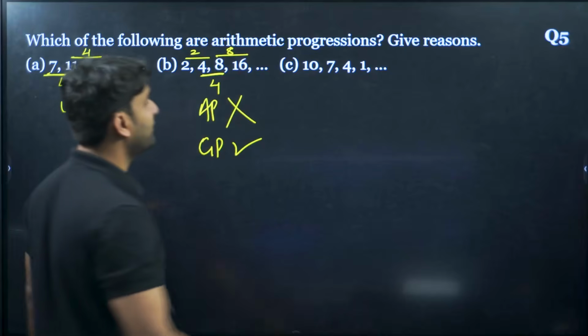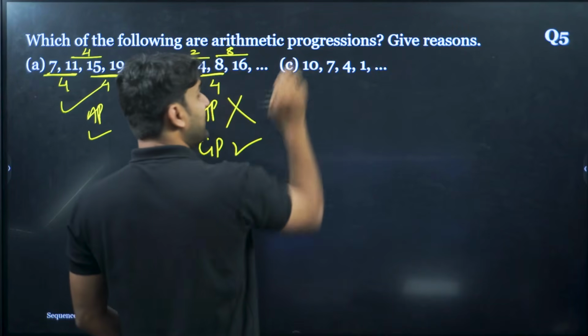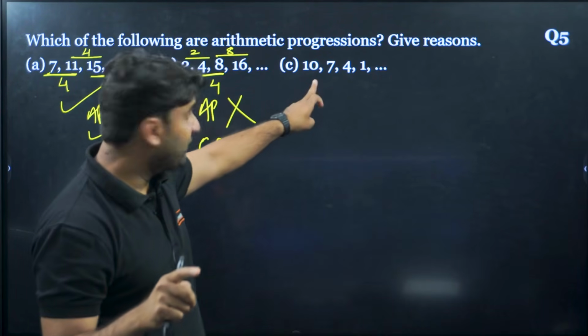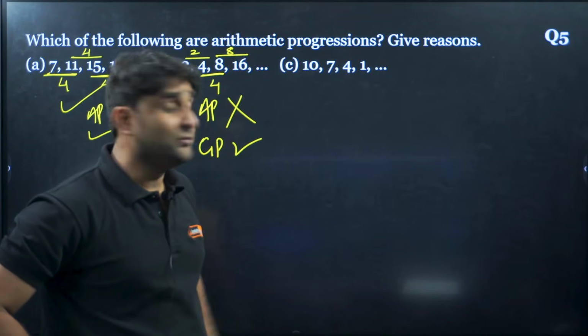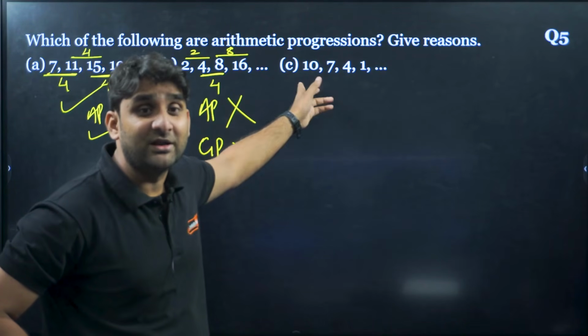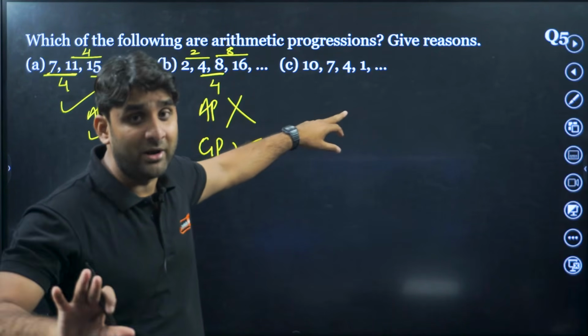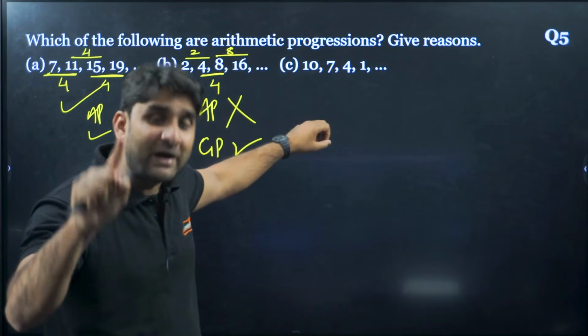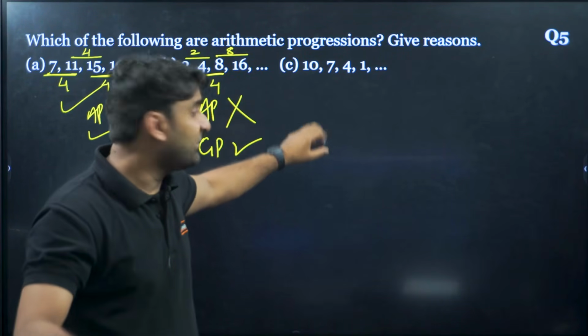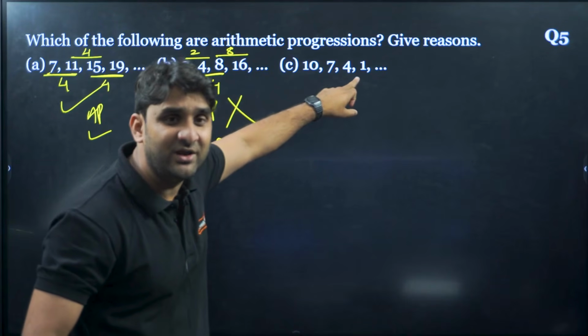Now moving to third question. 7 minus. Now my dear, one more thing. What will be the common difference? You know what some students do? They used to always subtract the greater number minus smaller number. No my dear, don't change the rule of AP. To find out the common difference, always subtract the preceding number from the succeeding one.